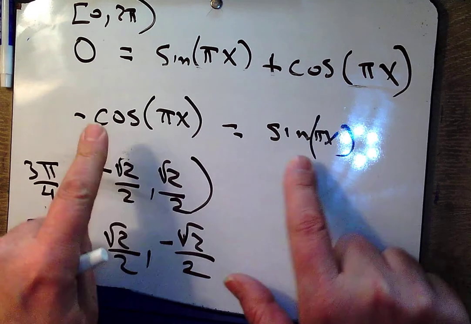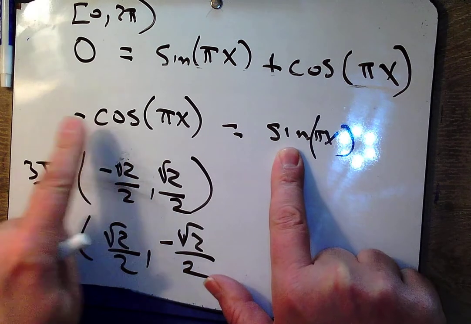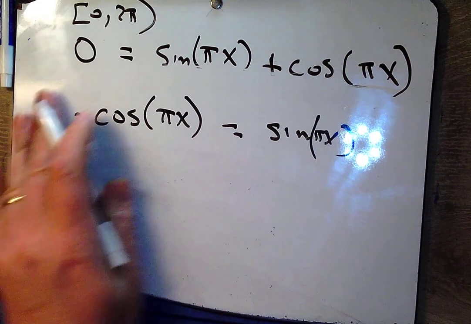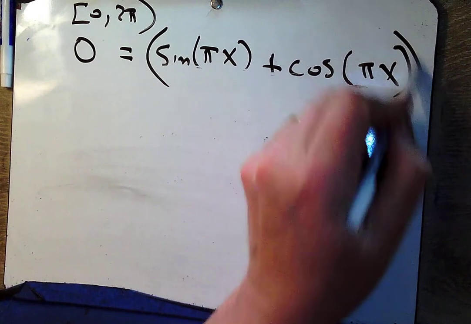That's what this is saying. When are the sine and cosine values opposites of each other? Only at these places. If you can do that conceptually, wow, that's great. Most students can't do that.